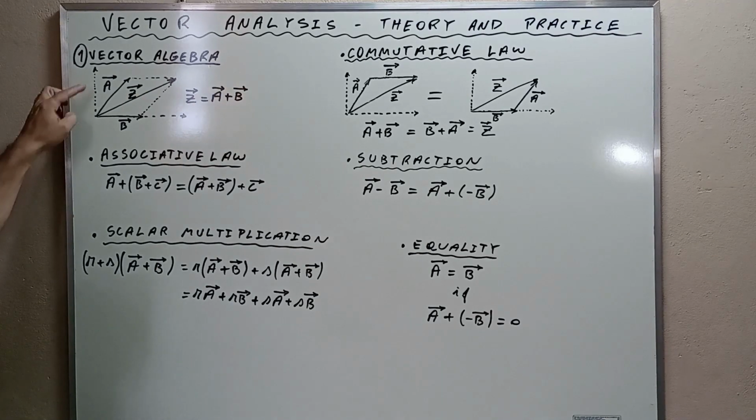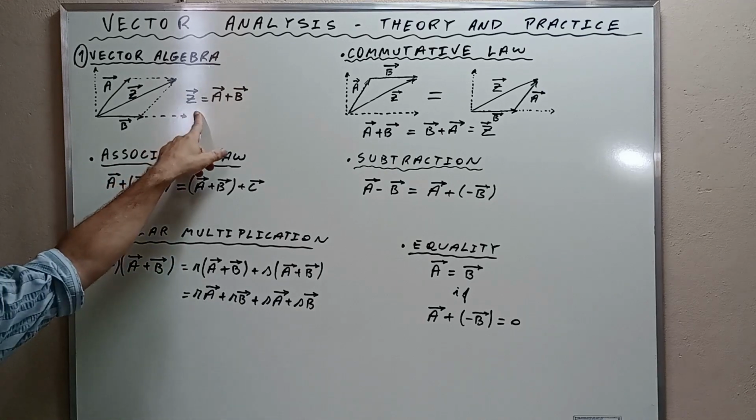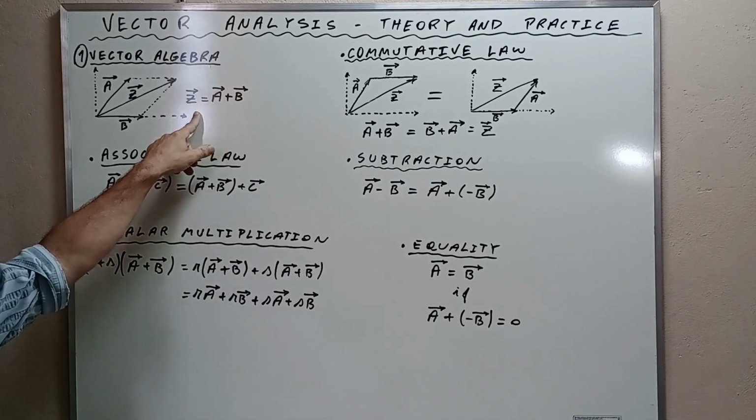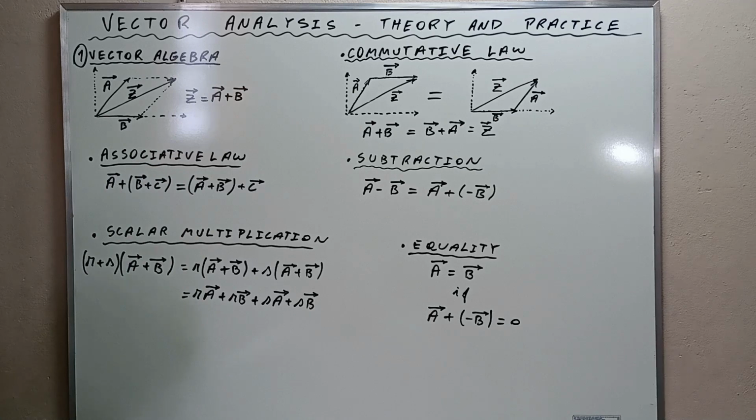Consider vectors A and B. Z, which represents the sum of A and B, is obtained by beginning the second vector from the head of the first and completing the triangle.